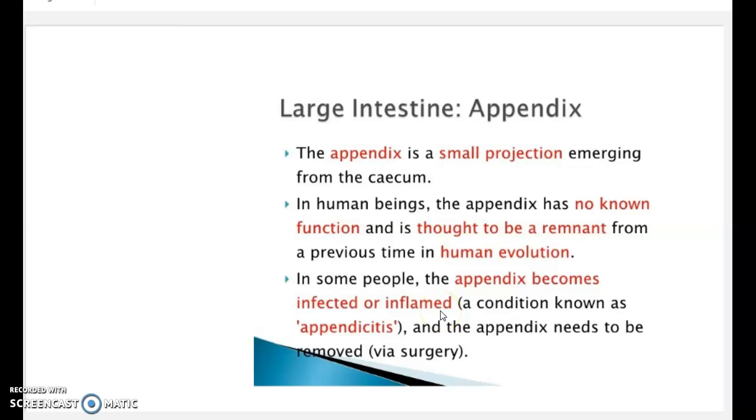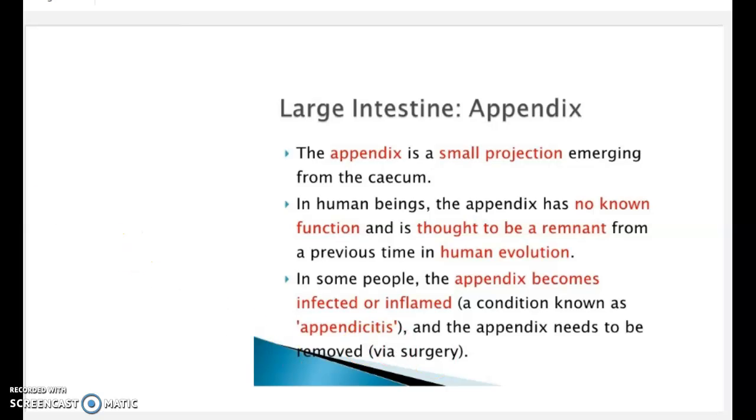Sometimes food particles tangle in the lumen of the appendix, and the appendix becomes inflamed and swollen, and gets infected. This condition is known as appendicitis. When this condition arises, the appendix is removed from the body via surgery. The surgery of the appendix is known as appendectomy.